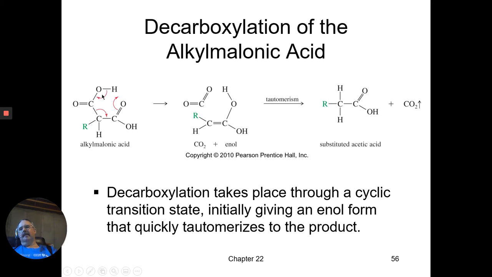We form a C=O double bond. This carbon-carbon bond breaks. Okay, so we split out carbon dioxide, and then initially we get the tautomer, or the enolate, of the carboxylic acid, which then rearranges to the substituted acetic acid.